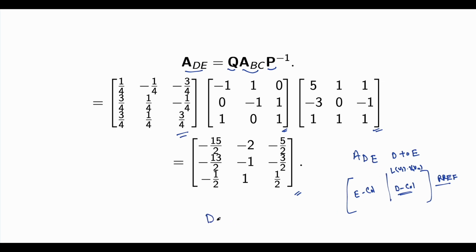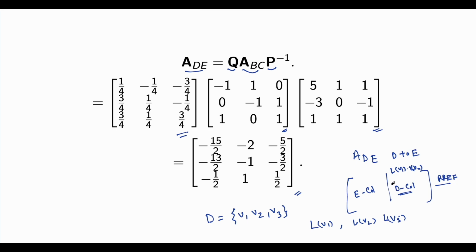Let's say D consists of three basis elements, v1, v2, v3. So L of v1, L of v2, and L of v3, you have to find out. So that you write in this column, right?